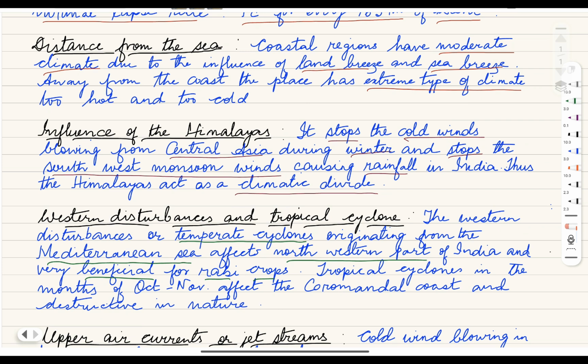And the other cyclone is tropical cyclones. Now tropical cyclone occurs in the months of October, November, affecting Coromandel coast, and this is of course destructive in nature.